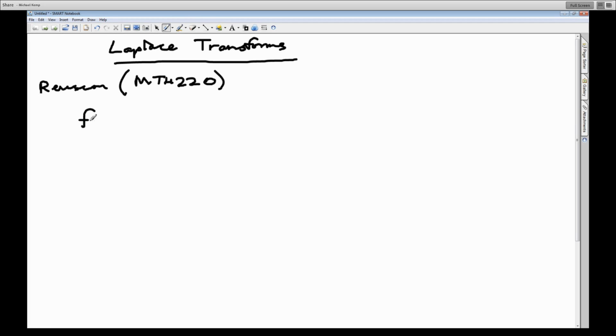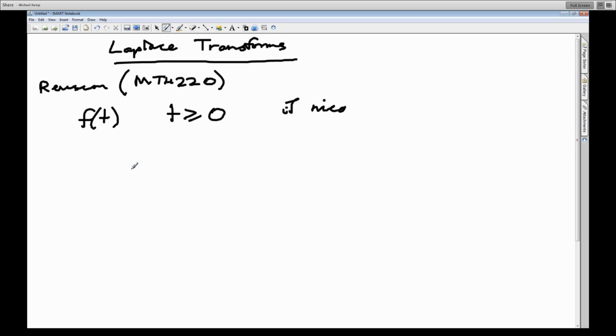So if you've got a function, f of t, and we only really care if it's defined for t greater than or equal to 0, and if it's nice. What I mean by nice is that f of t is piecewise continuous and bounded by an exponential. Then we can define a particular transform.